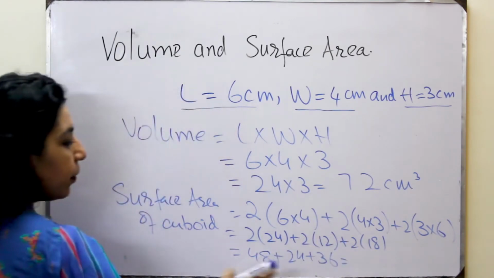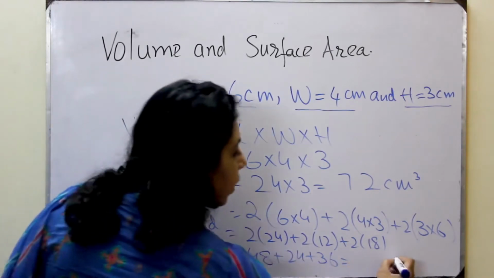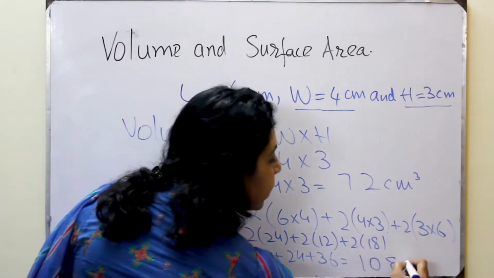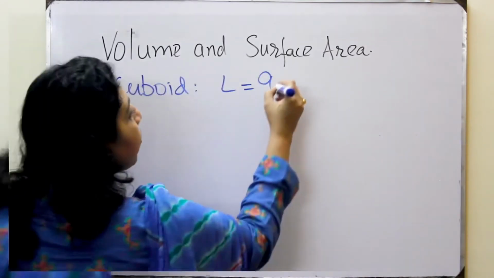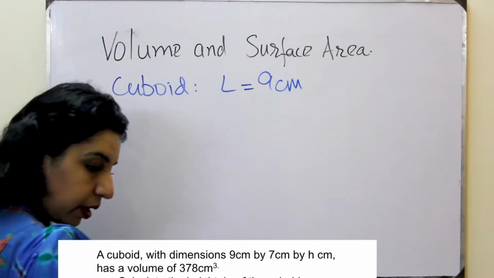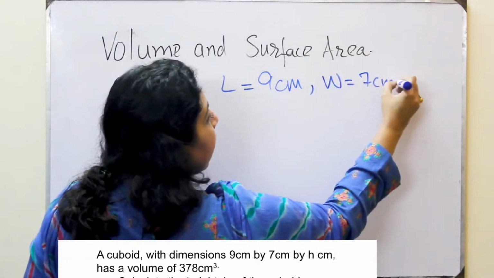You can see the final answer for the surface area is 108 centimeter square.